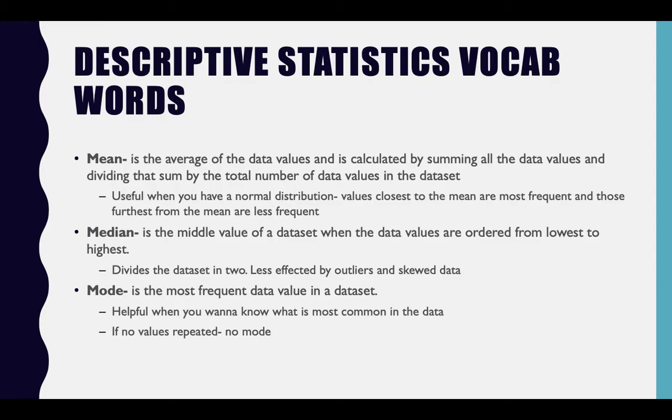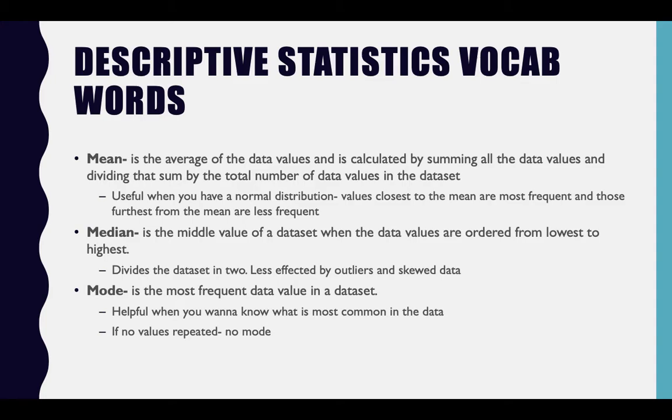Median is the middle value of a data set when they're ordered from lowest to highest. It divides the data set in two, and it's less affected by outliers and skewed data. Oh, by the way, means are useful when you have a normal distribution, so that's sort of when values closest to the mean are more frequent, and those furthest from the mean are less frequent.